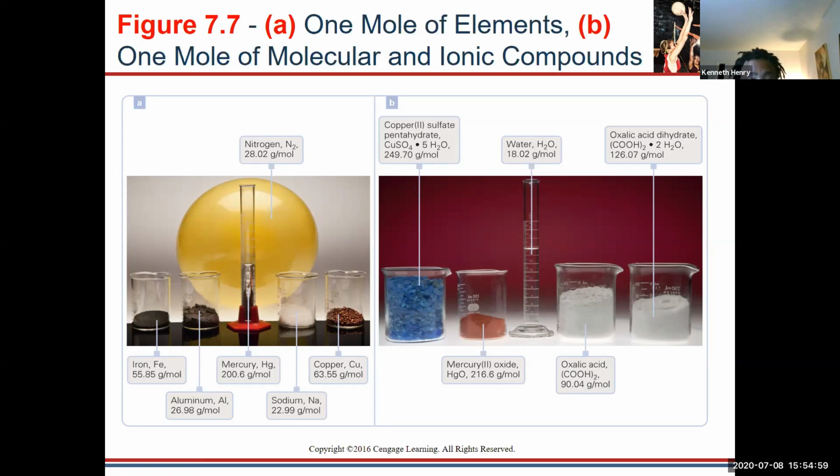They would have the same number of molecules. How many molecules of nitrogen gas if we weighed 28.02 grams of it? Wouldn't it be the same thing? As what? What's that number? 6.02 times 10 to the 23rd?